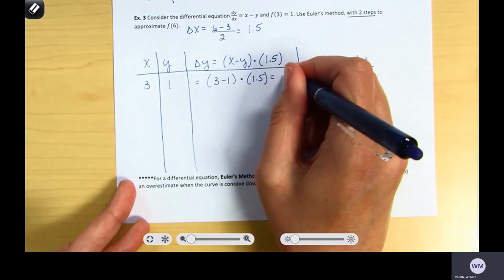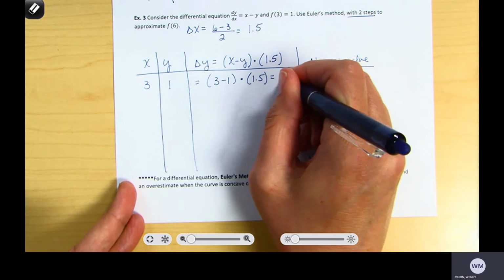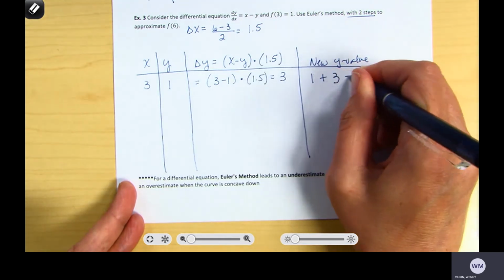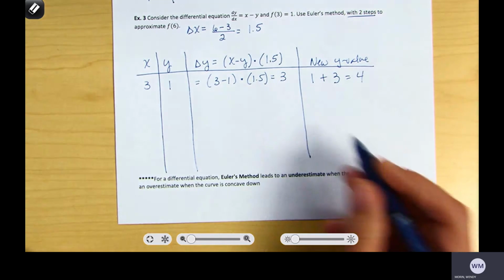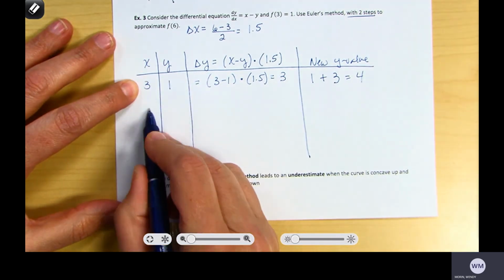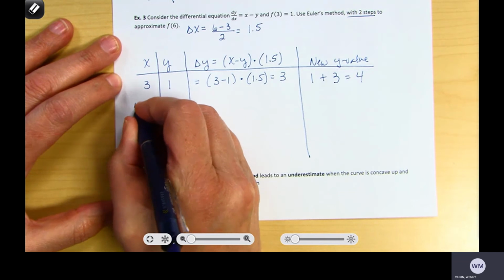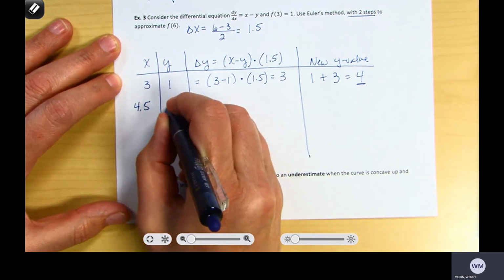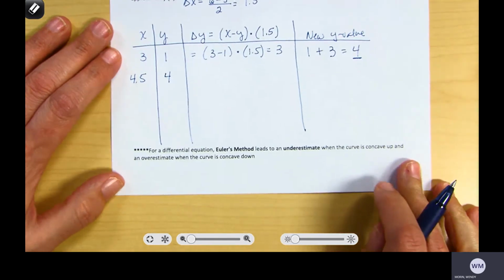So we have a change in y of 3. Well, we started at 1, and we have a change of 3. Our next y value for our next step, which is 1.5 later, is 4. The approximate y value is 4.